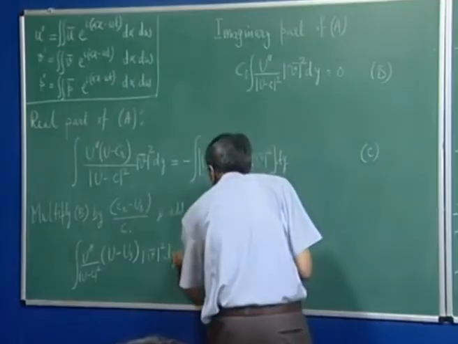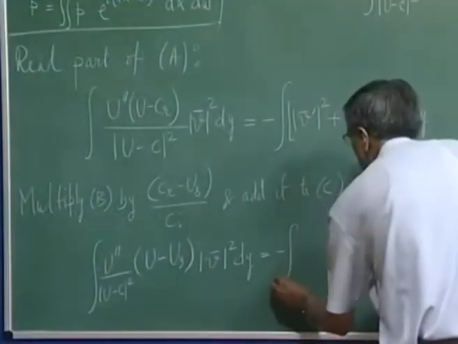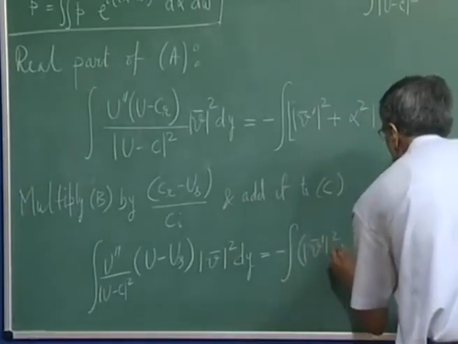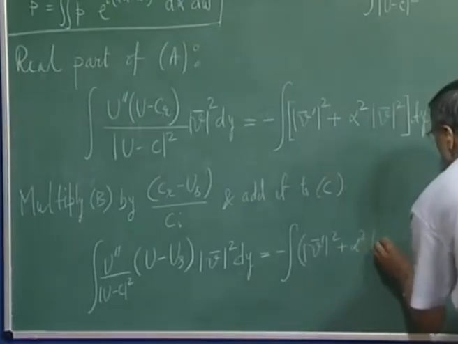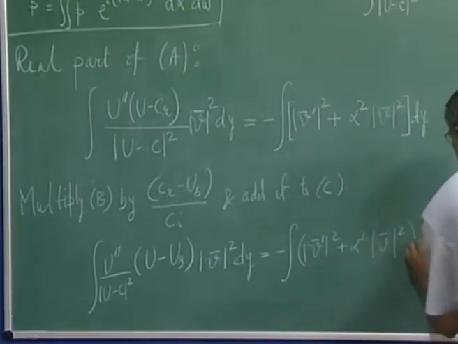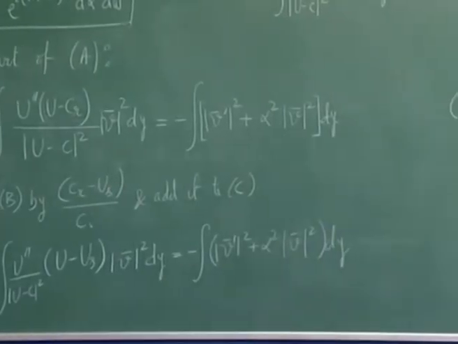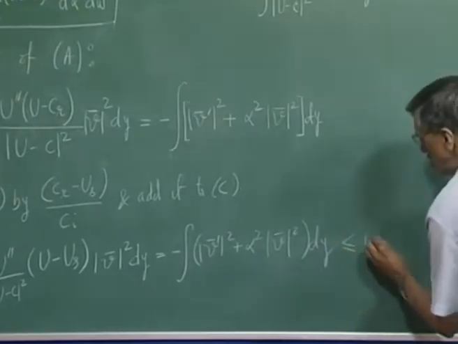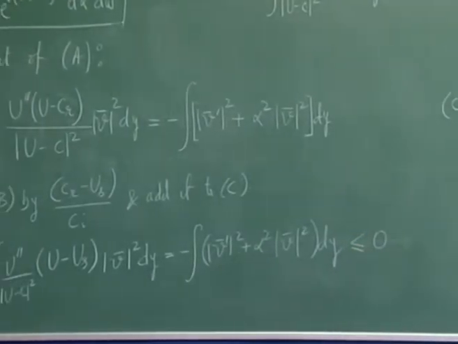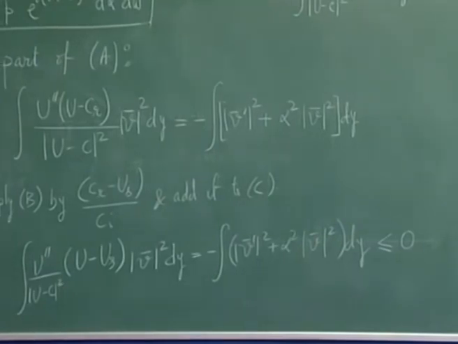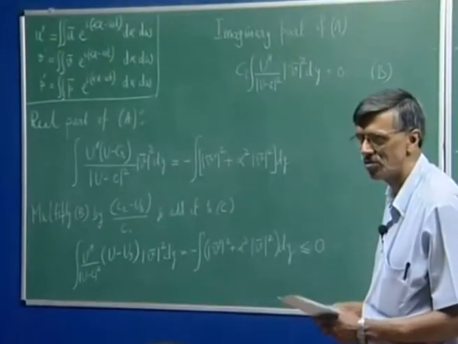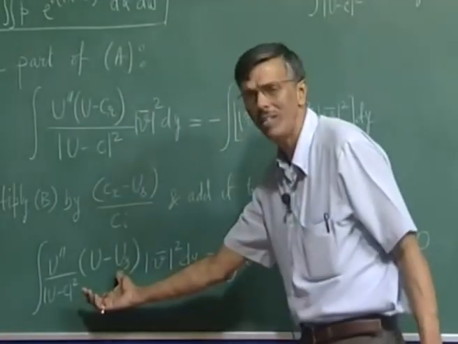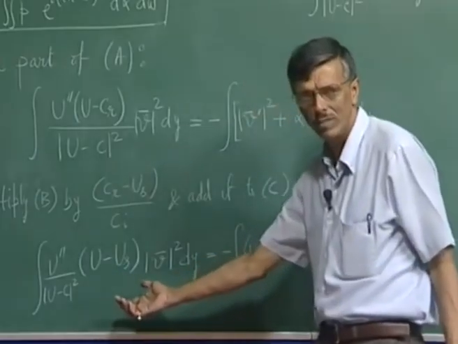equal to minus of, well, we have this expression, it is this, and of course, this is less than equal to 0. Now, you can clearly see what Fjortoft's theorem is giving us. Fjortoft's theorem is saying that this quantity has to be negative, right.